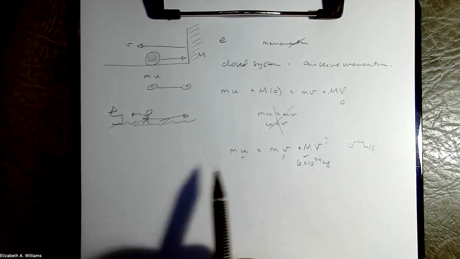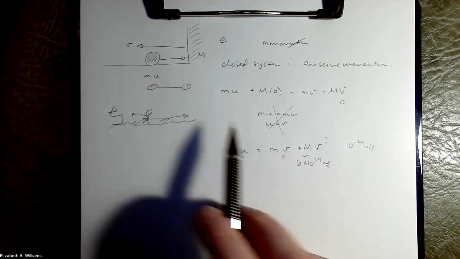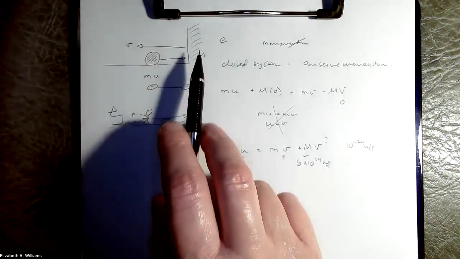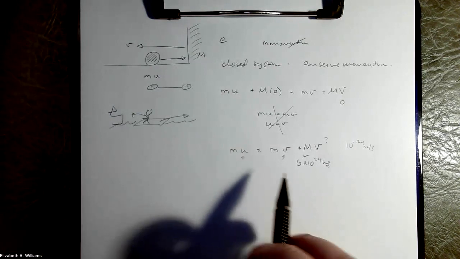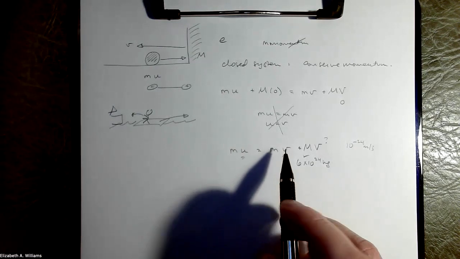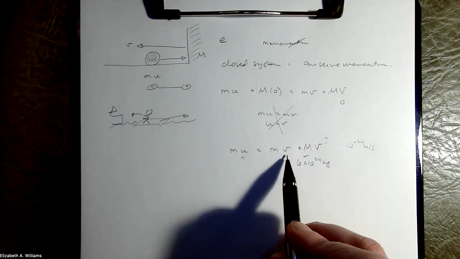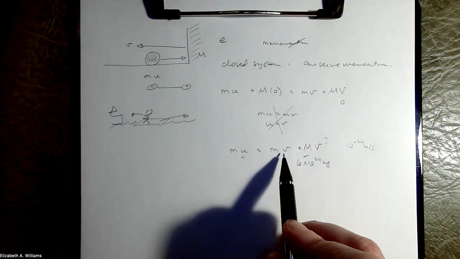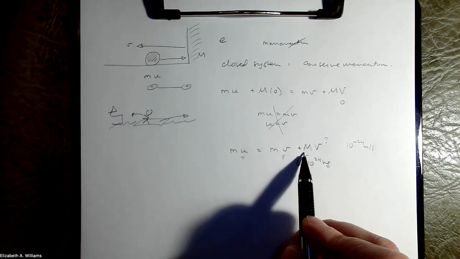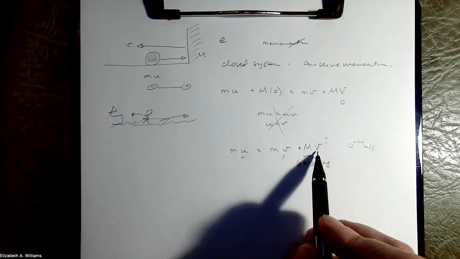And so in our story, we didn't know the mass of the wall or whether we wanted to take the whole Earth or what the deal was. And we didn't know our final velocity after hitting the wall. So if you don't know that and you don't know that, what do you do?